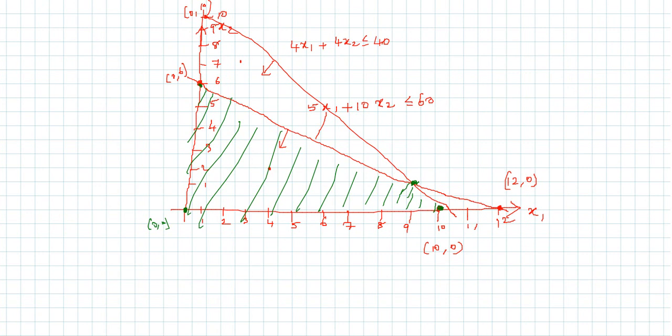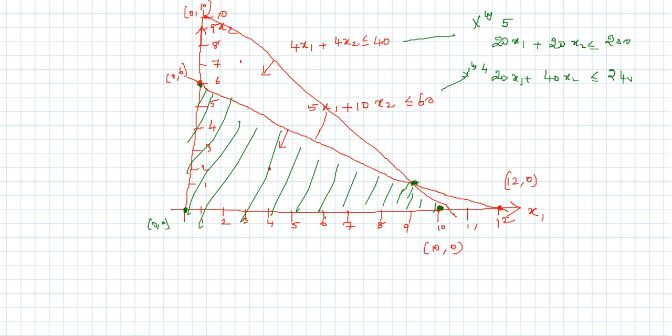So first I'm going to multiply the first constraint by 5. So 20x1 plus 20x2 less than or equal to 200. I'm going to multiply this with 4, so we'll get 20x1 plus 40x2 less than or equal to 240.